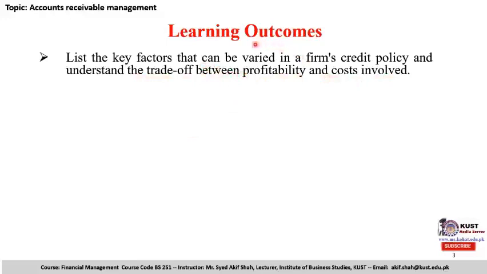That is, if we change the credit policy to the credit customers or credit applicants, then what kind of impact this change will bring on the profitability and cost of the company.